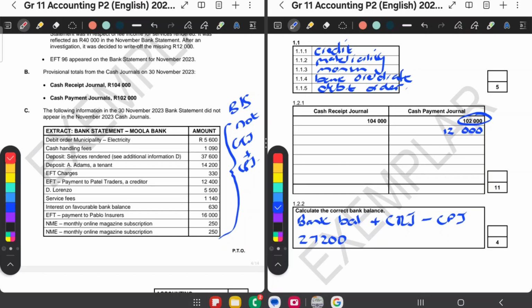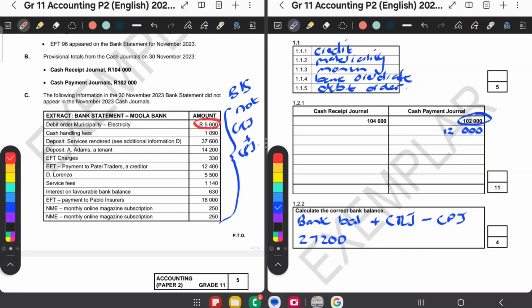It should either go to the CRJ or the CPJ. So let's read. First thing is a debit order to the municipality for electricity, 5,600. Okay, 5,600 will go to the CPJ because a debit order is a payment that was left out.